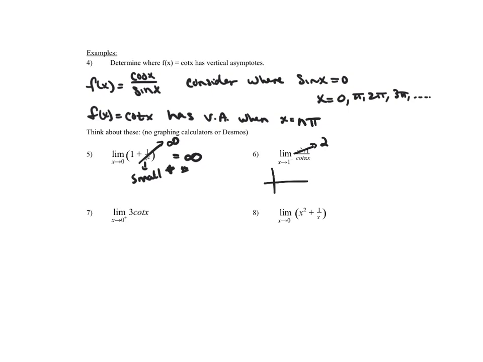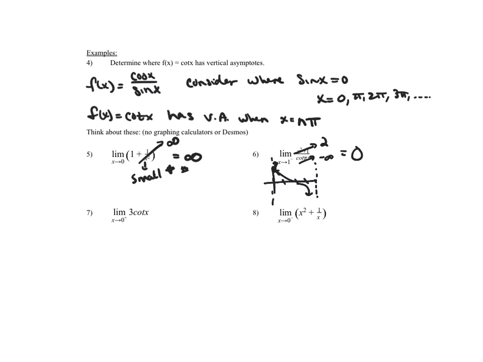So if we think about our cotangent graph, here's pi, here's 0. We know that cotangent kind of does something like this. So our denominator is approaching negative infinity. 2 divided by a really, really big negative number is going to be really, really, really small. So small, it's essentially 0.